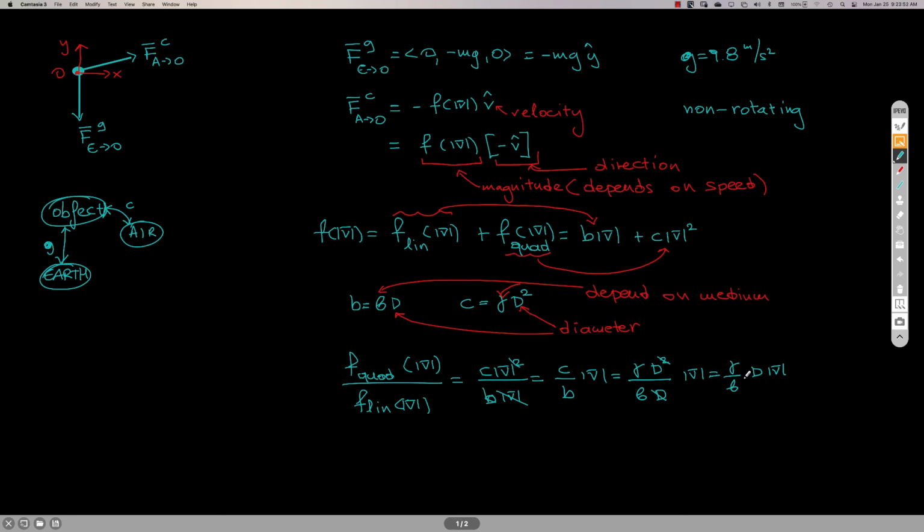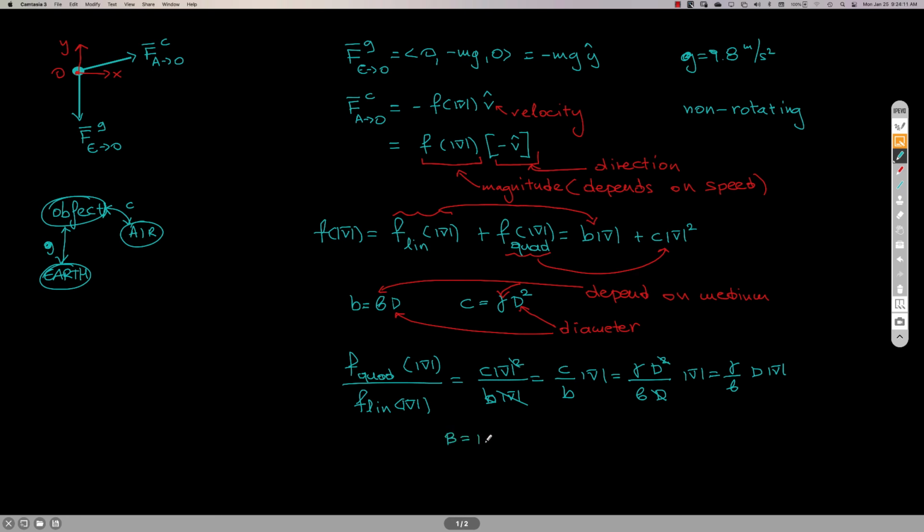Now, I mentioned before that the coefficients gamma and beta depend on the medium. If you have standard temperature and pressure, I can give you the values for those.